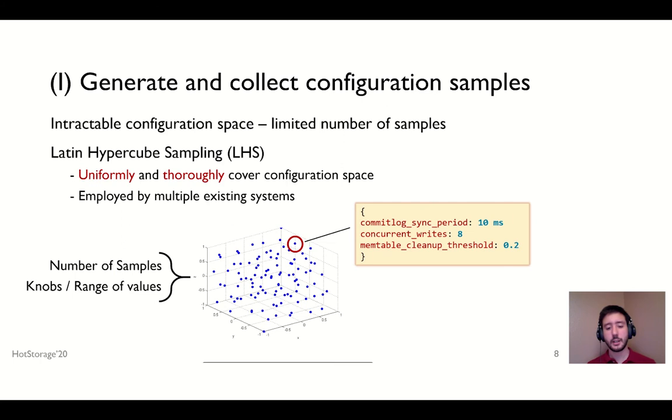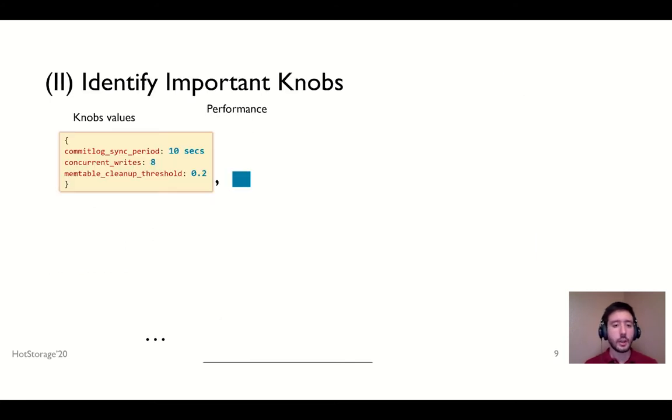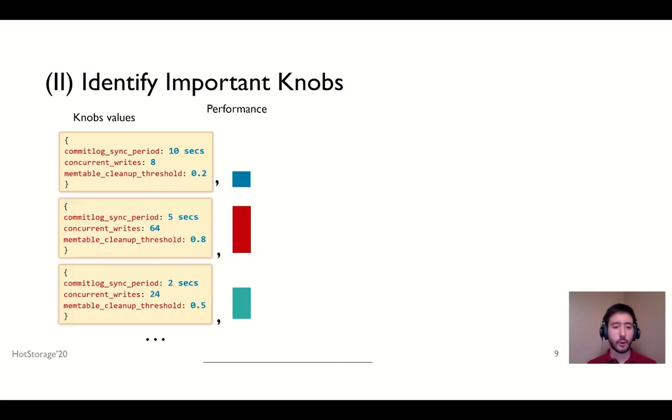Each configuration can take very different values depending on where this point lies in this large space. The second step is that we take each of these configurations, and then we measure its performance on a real system, and we do that for all configurations.